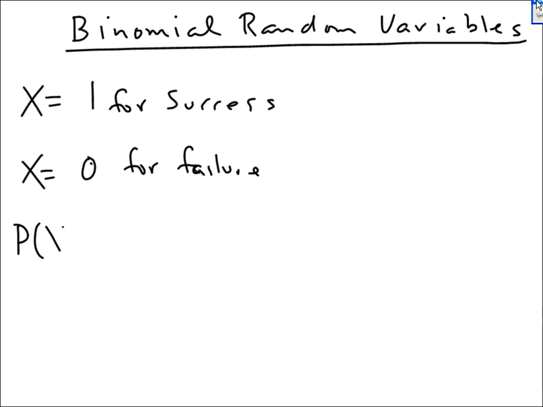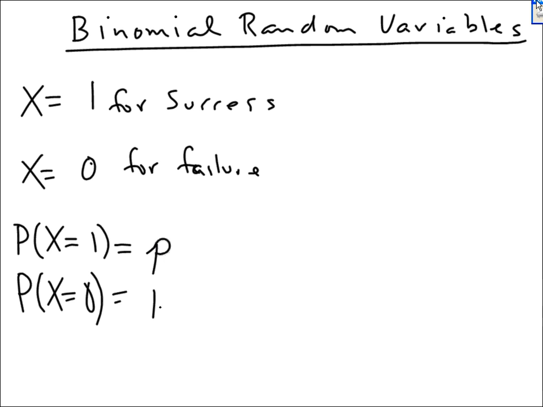The probability that x equals 1 is the probability you have success: that you answer the question correctly, or that you were supposed to turn right and not left. Let's assume right is success and left is failure. Well, the probability that x is 0 is going to be 1 minus p. If you have an 80% chance of being right, then 1 minus 80% is 20%.